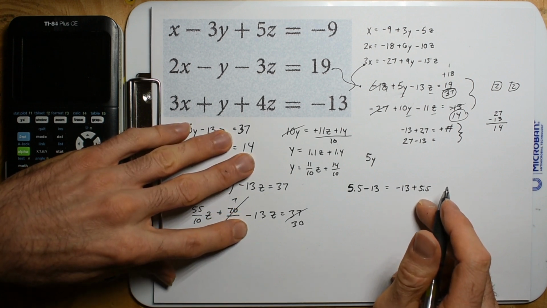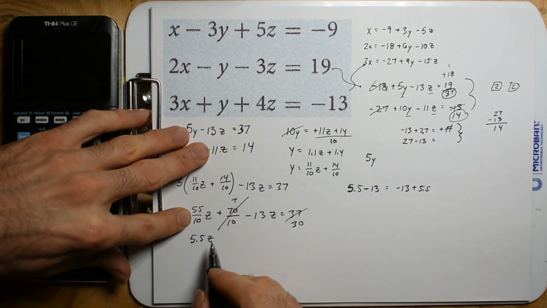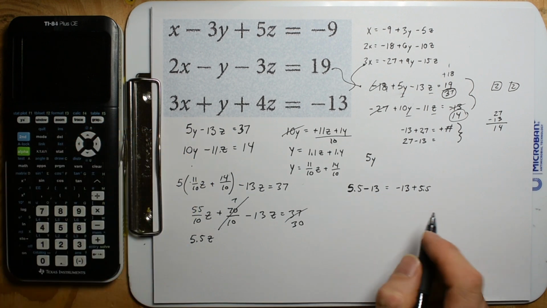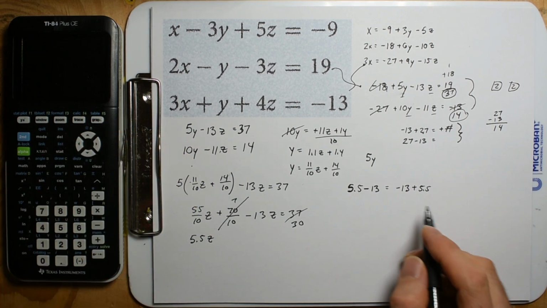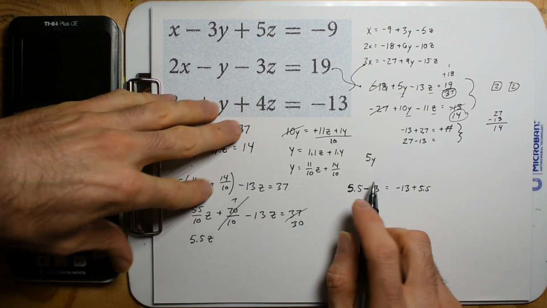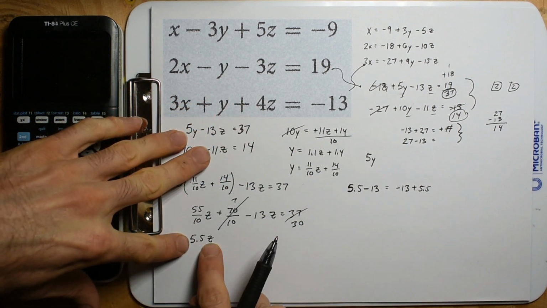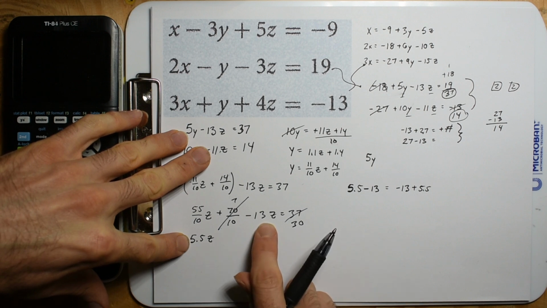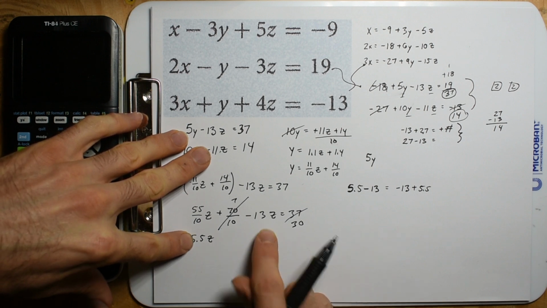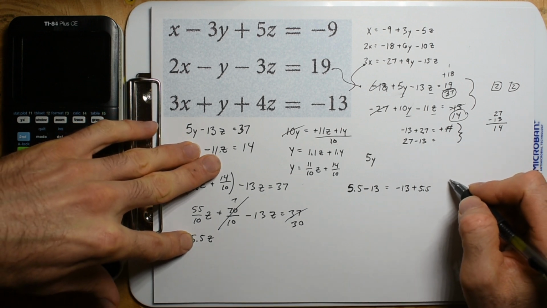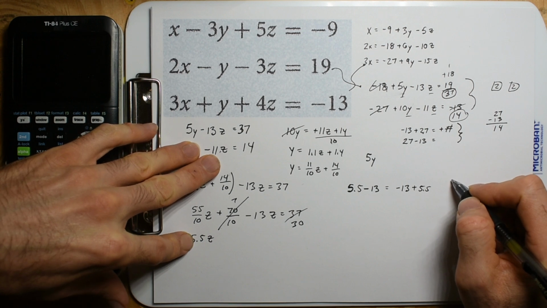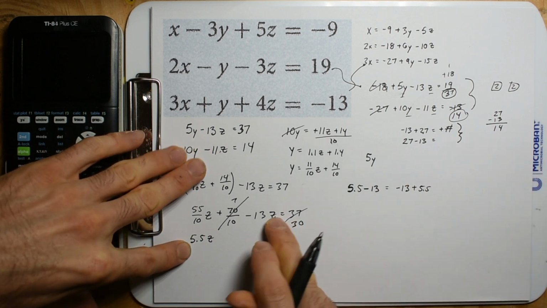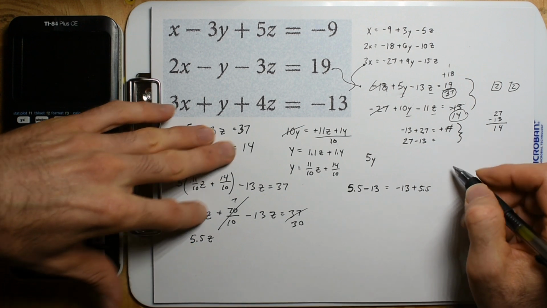Yeah, I need to learn more tricks when it comes to this to not make mistakes. 5.5 minus 13, holy Toledo, I don't even know. If I had this on a test, I'd pass.